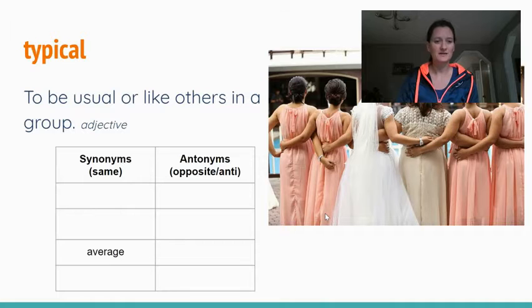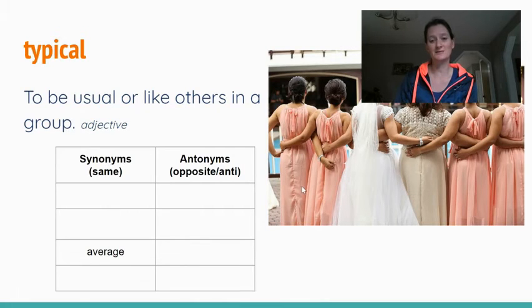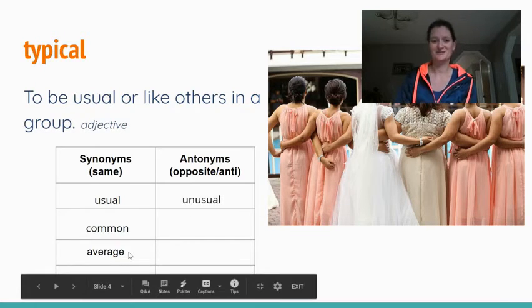So think about the word typical. Sorry, I have average sitting there on the table. So typical is to be usual or like others in a group. So if we're thinking about synonyms, words that mean the same, that could be words like usual, common, average, as is already there. The opposite would be unusual.